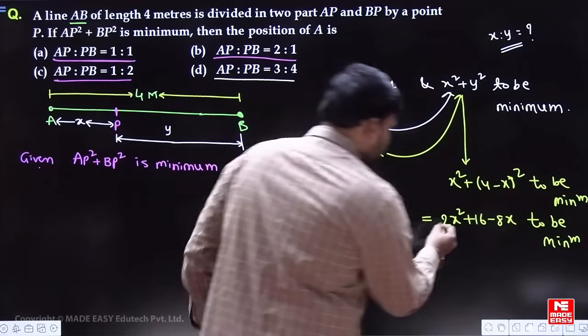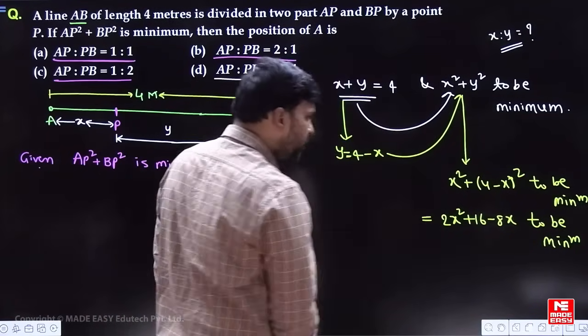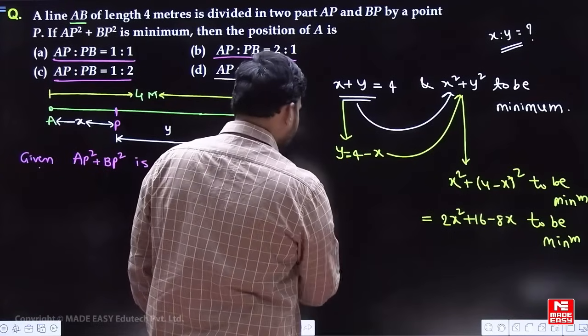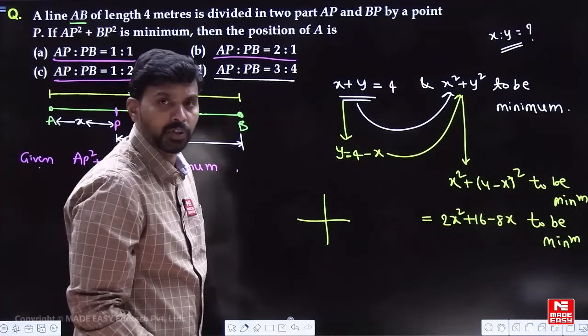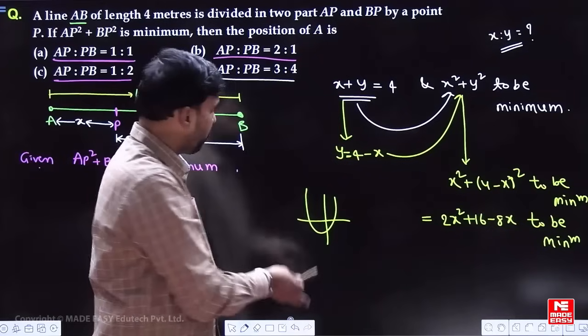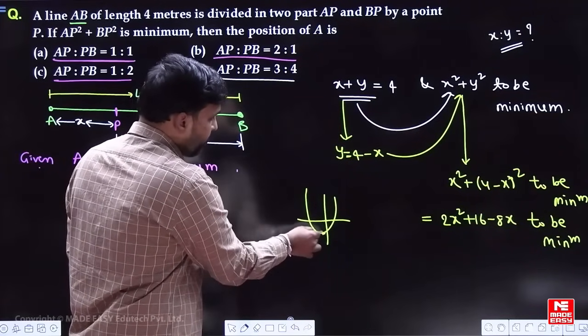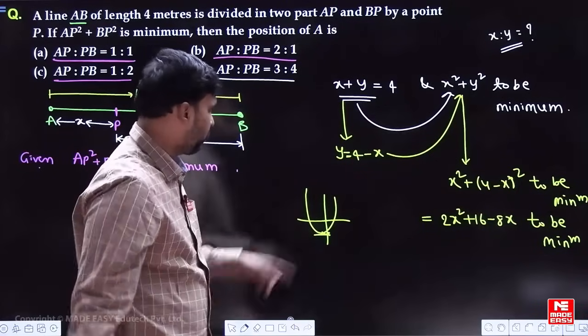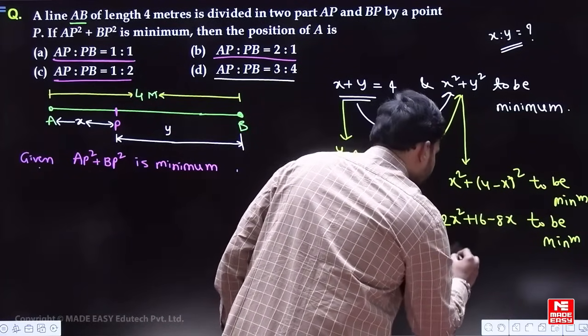Since it is a parabola with the coefficient of X square positive, तो अब ये ऊपर रहेगा, है कि नहीं? So if the parabola opens upward, the minimum will be at the stationary point or not? Yes.